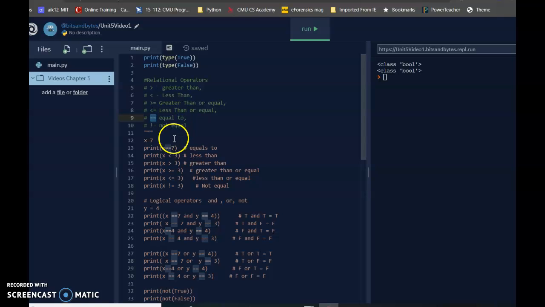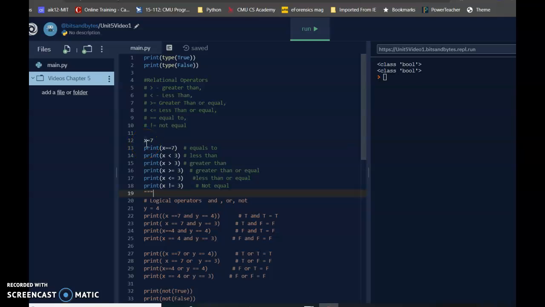So let's take a look at this. I did some down here, and I have it commented out. Let me remove the comment. So I have x equals 7. If I go print x equals 7, remember the top one, x equals 7, takes 7 and puts it into x.